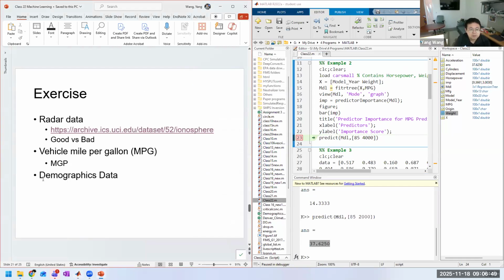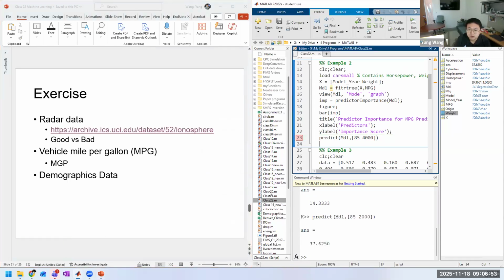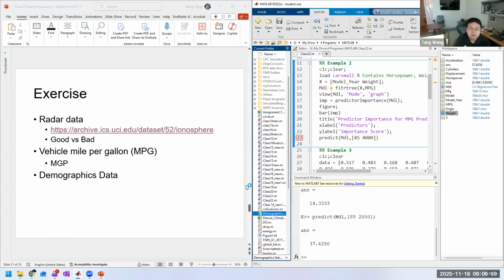Okay. So the third example is the demographics data. People always analyze the census data and try to identify certain patterns. Let's say we have this demographics data. This is actually data that was collected from the Twin Cities, Minnesota.